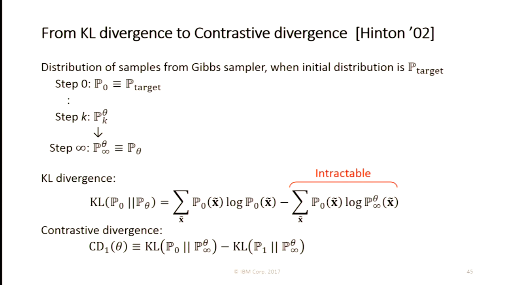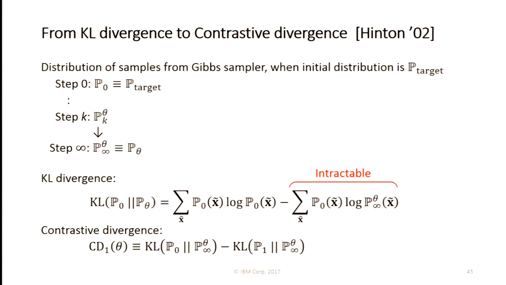To do that, we first define the distribution of the samples that we get from Gibbs sampling. In the first step, the distribution of the samples starts from the target distribution, and the k-th iteration of Gibbs sampling has some distribution p_k theta, and it eventually converges to your target distribution.